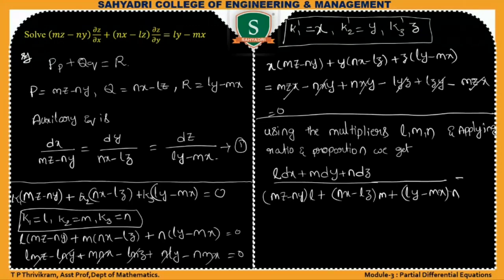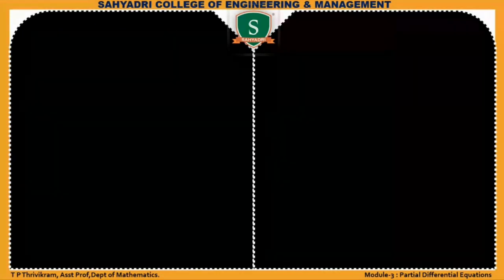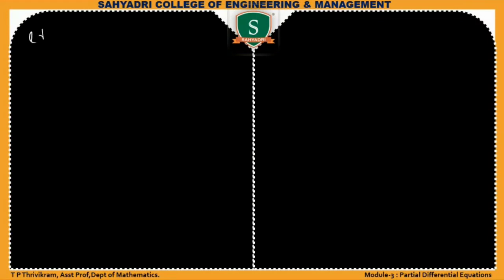This equals some constant, because all these ratios will be equal to some constant, that is c. In the denominator obviously you will get 0 because we have tested here. So l dx plus m dy plus n dz divided by 0 equals c. If you send this 0 to the right hand side, that will be 0. So l dx plus m dy plus n dz is equal to 0.